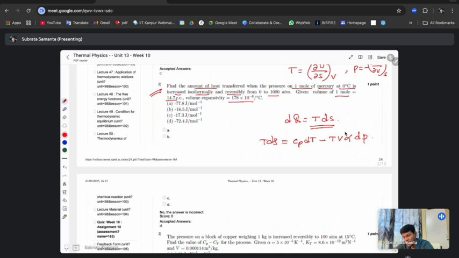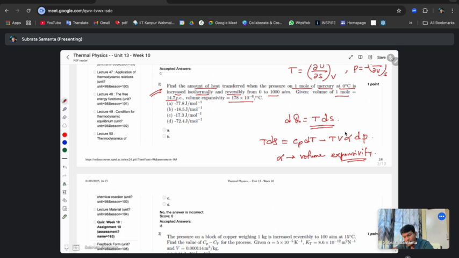Where alpha is the volume expansivity, and that is given.